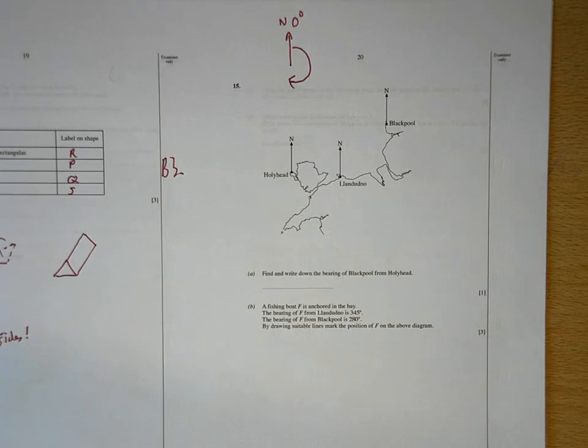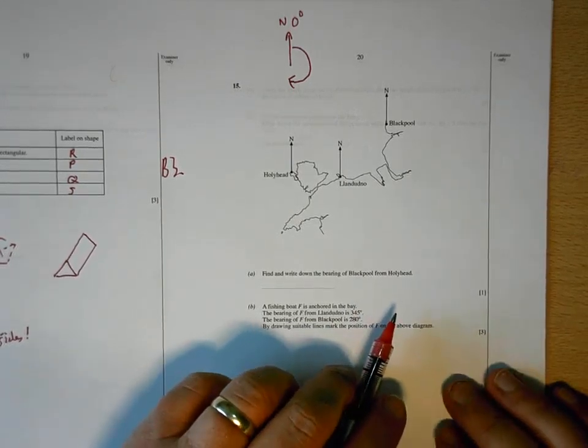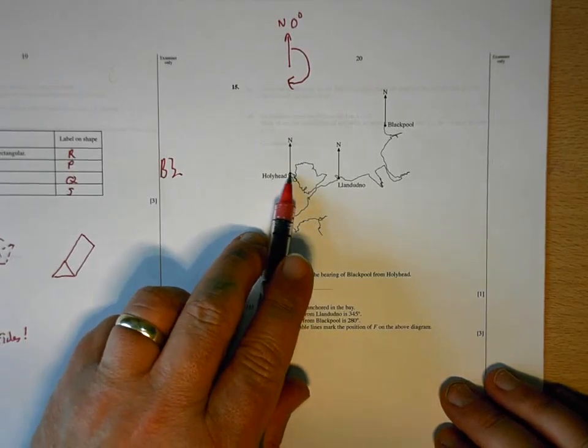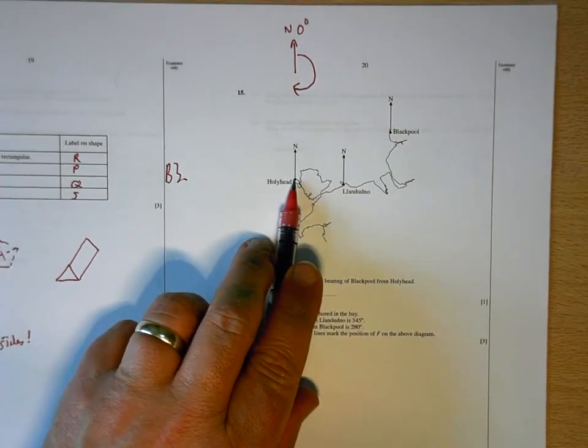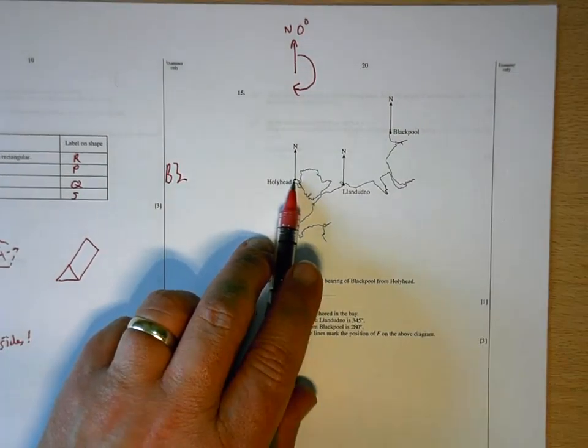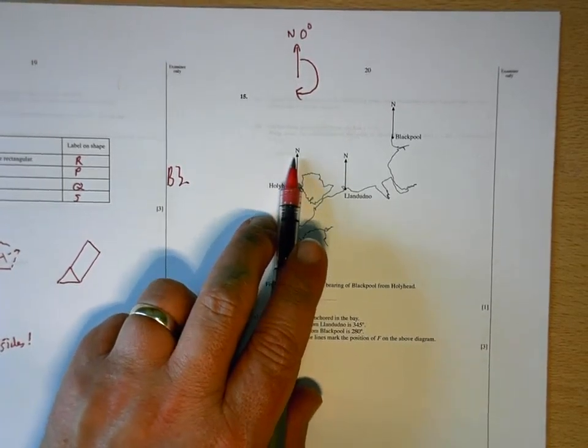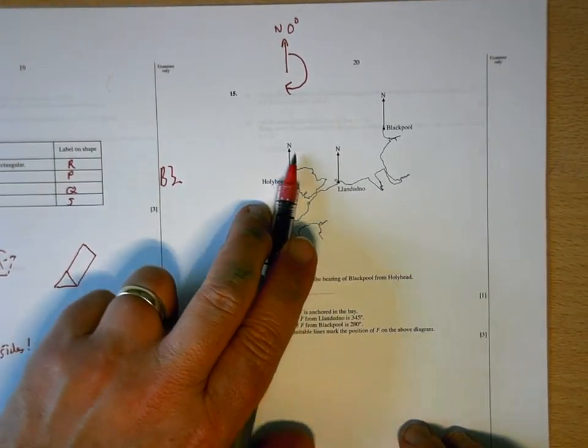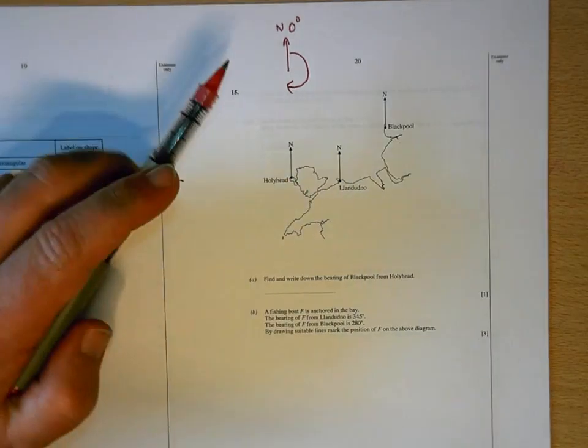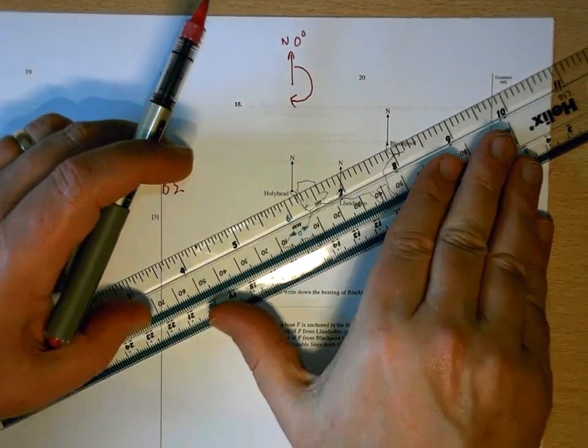Find and write down the bearing of Blackpool from Holyhead. So from Holyhead means you are standing at Holyhead with your compass. You're starting at north and you're turning around until you're pointing directly at Blackpool.